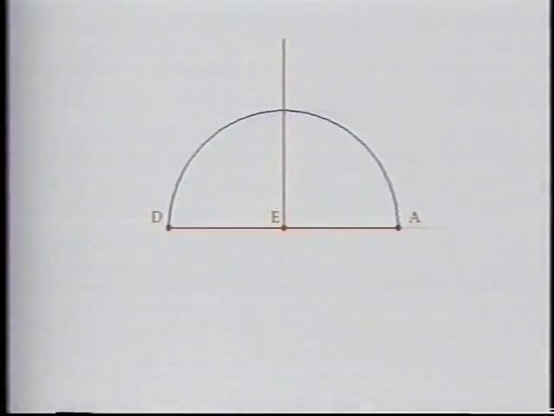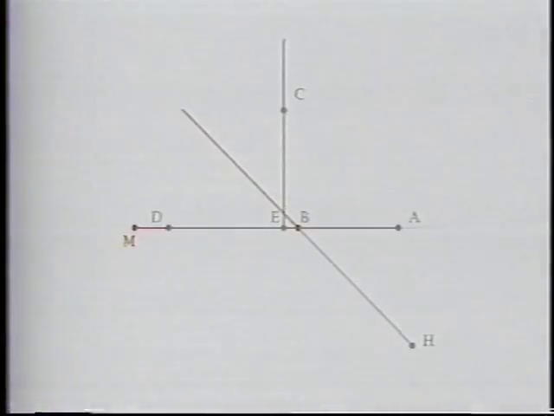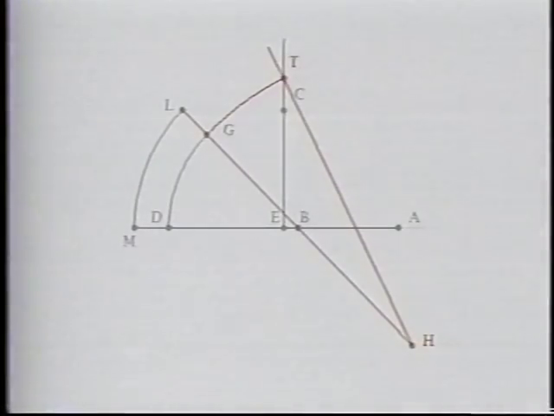We make EC perpendicular and equal to AE, and EB equal to 1/8 AE. CA is moved parallel down to BH, and extended till point G. We describe from point B arc DG and arc ML, and from point H arc GT and arc LO.